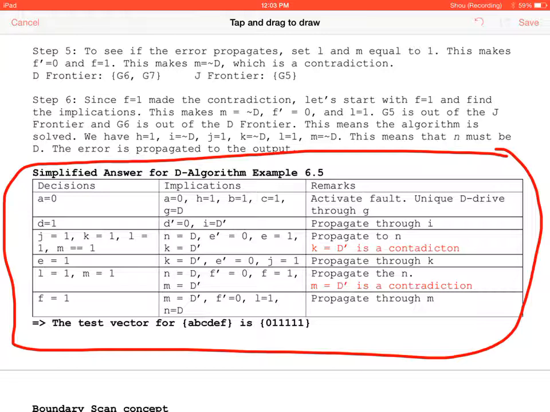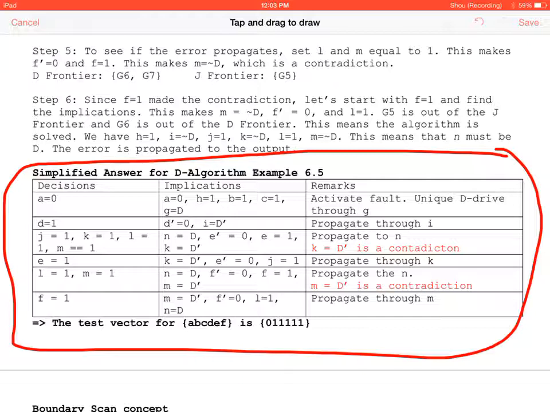So that works fine. Here again, we try guessing by making L equals to 1 and M equals to 1, because those are not controlling values. So here's the implication. We figured out that M was equal to D bar, but we already defined M is equal to 1, so we have our second contradiction.